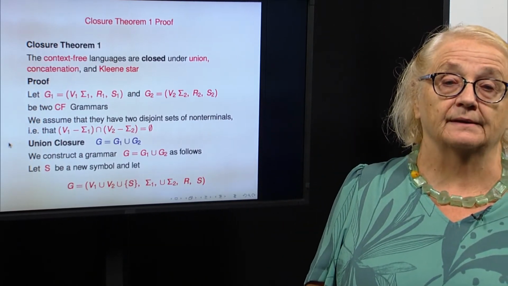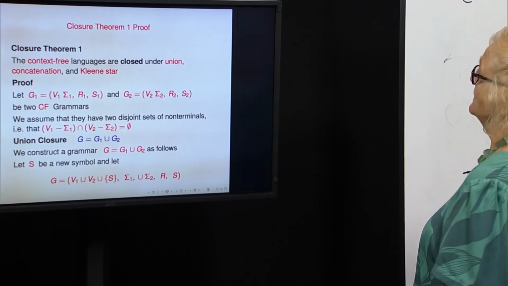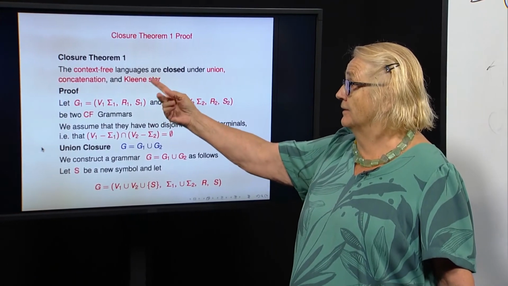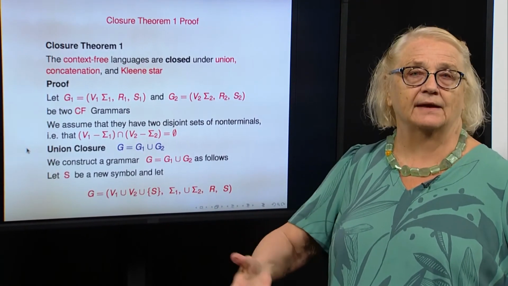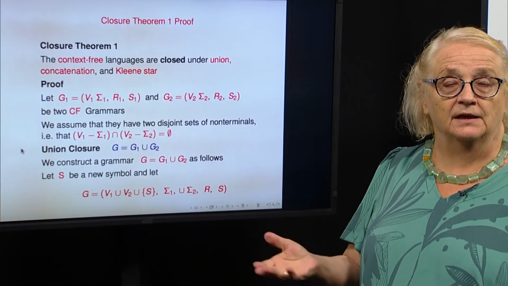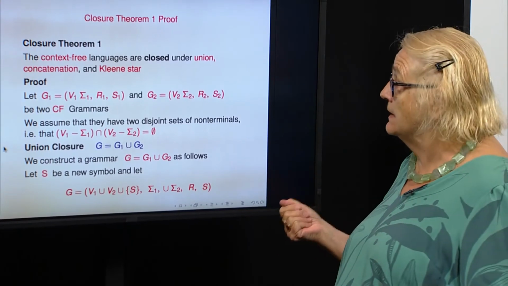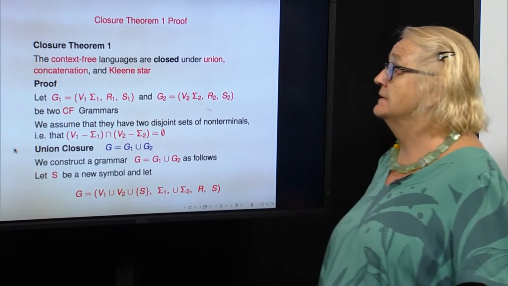So the first is very pleasant and easy. Context-free languages, what does it mean? We use the definition that a context-free language is a language generated by a context-free grammar. So we have two context-free languages. That means we have two grammars.